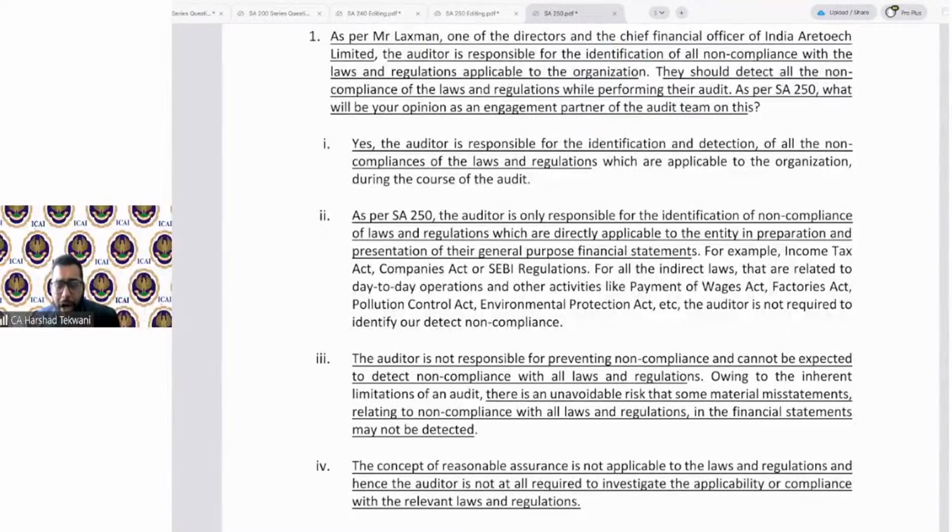Identification of all the non-compliances, or identification of the non-compliances with laws and regulations which are directly applicable to the entity in the preparation of the financial statement, meaning they have a direct impact on the reported amounts, or it is not applicable? Come on, guys.